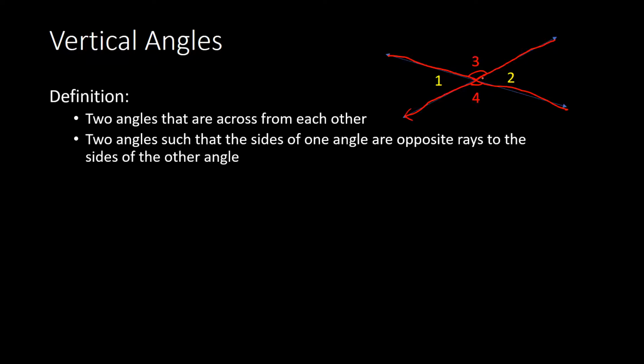Now this is important because if you're given a picture like this, it's not quite as obvious which one is the vertical angle. If we just say it's across from a certain angle, well, it's not quite enough information to determine because we have a couple that look like they could be across from another angle.